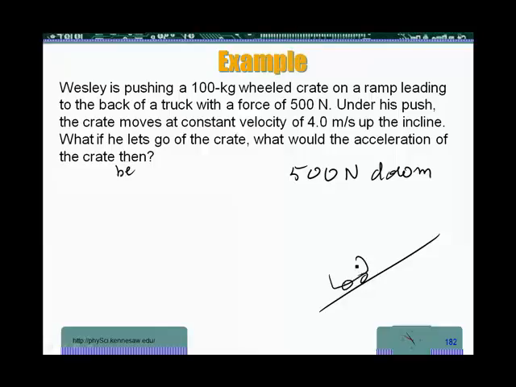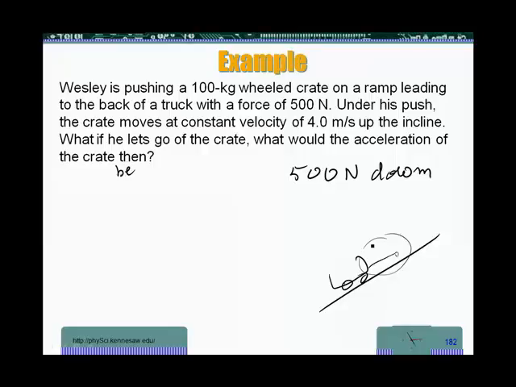Since it's already moving, what it's going to do is continue moving forward while slowing down till it comes to a momentary stop, and then it starts rolling back down. Here the question is discussing what's going to happen the minute he lets go of it. So it's discussing what's going to happen now.